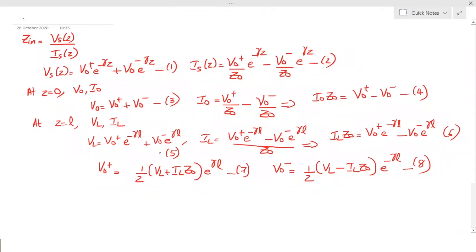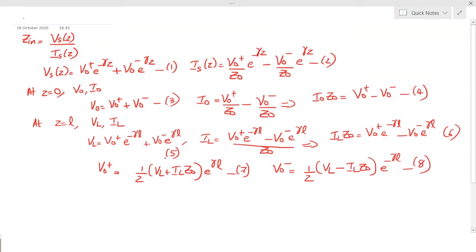So I am not explaining each and every step because it will be more confusing. You can just check equations 5 and 6. When you add, these two terms will get cancelled. So 2V0 plus e raised to minus gamma L will be equal to VL plus IL Z naught. From that you will get V0 plus.